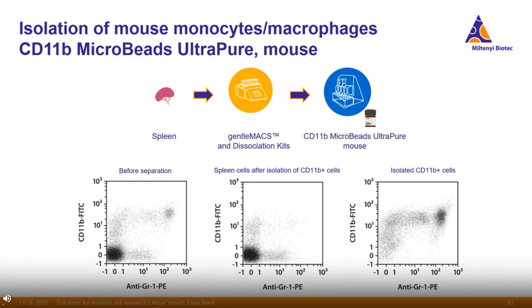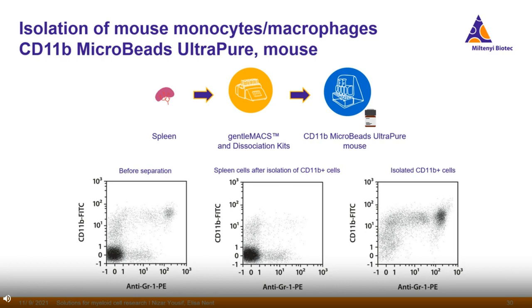For the isolation of mouse monocytes and macrophages from blood or lymphoid tissue, we have the CD11b microbeads ultra-pure. You observe here in the dot plots CD11b positive cells isolated from spleen using CD11b microbeads ultra-pure mouse, stained with CD11b FITC and anti-GR1 antibodies and analyzed by flow cytometry.